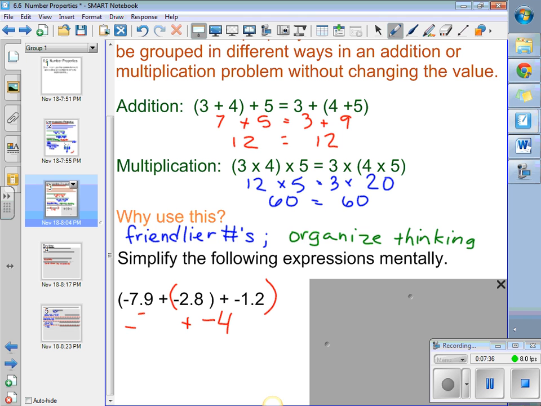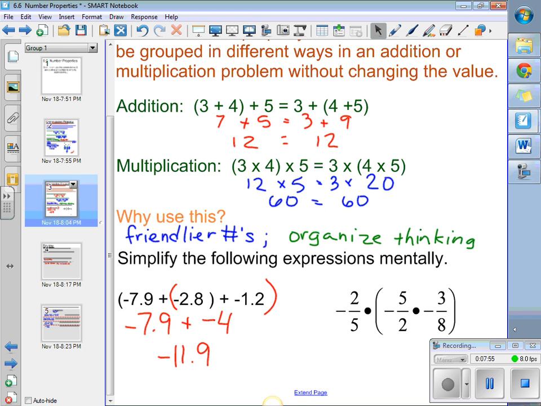Plus, I've got the -7 and 9/10. So now I have -11 and 9/10, which to me is a lot easier than to have to add all those decimal numbers together.